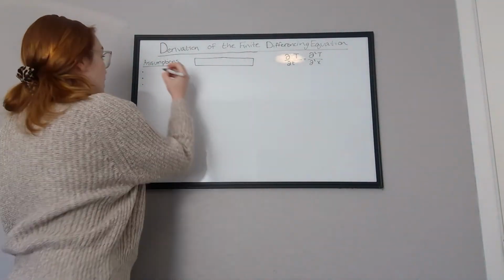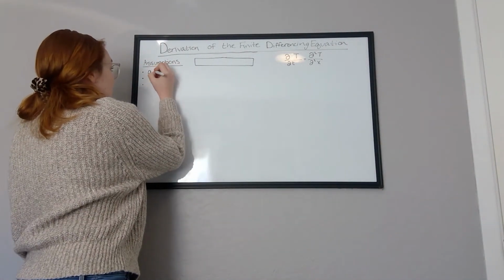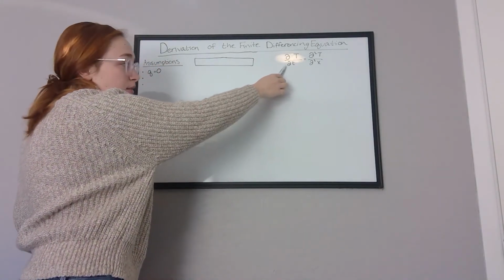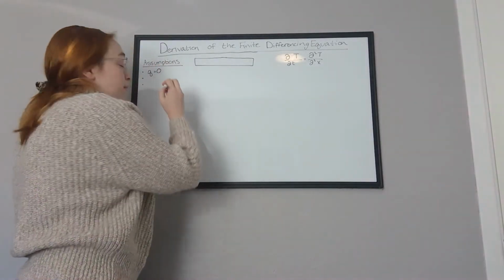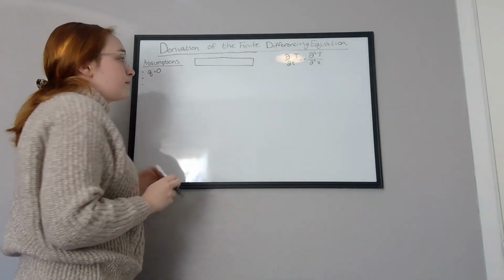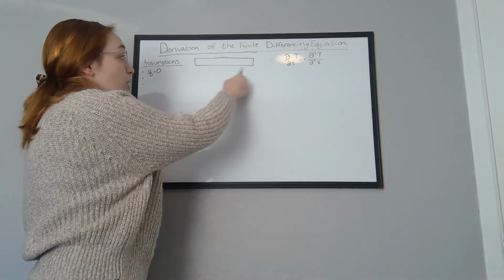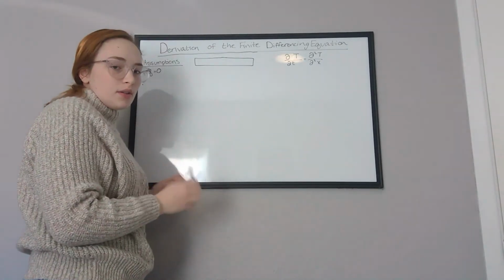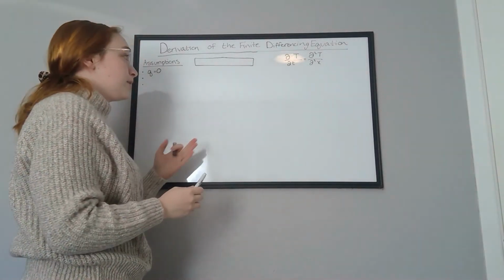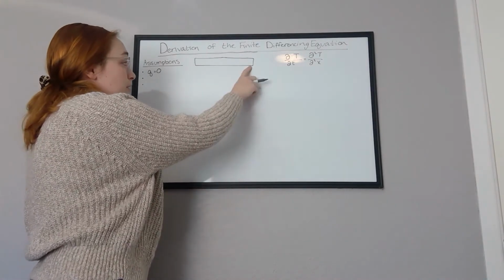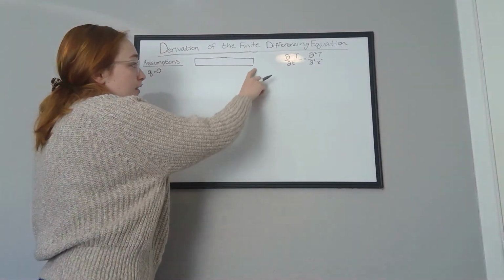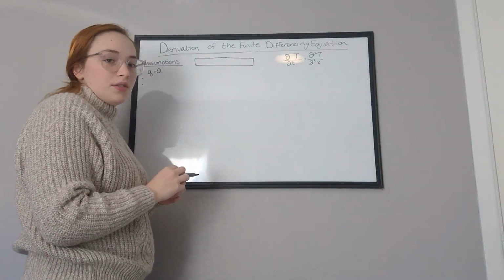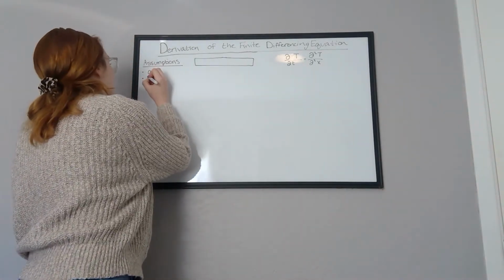We have that heat generation is equal to 0. It was equal to 0 when we were finding this equation as well. This is one-dimensional, so we're only going to be working with heat flow in one dimension. We pretend that this is only in the x direction, that the z and y directions are either very, very small or just non-existent.